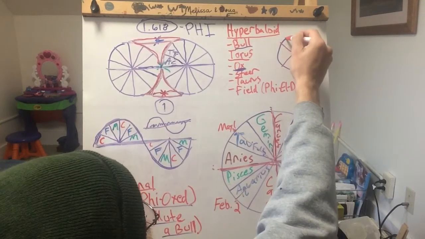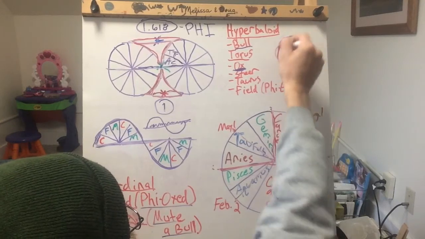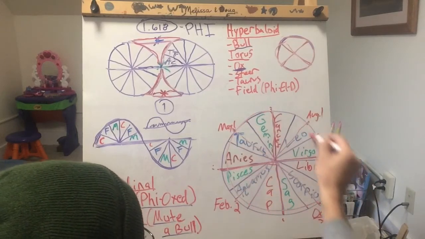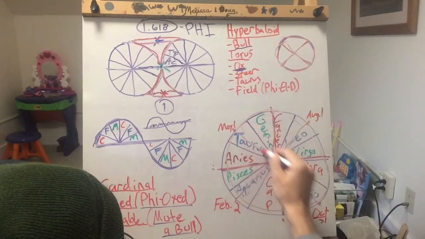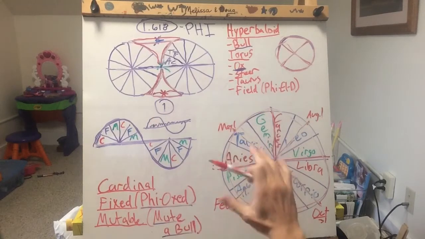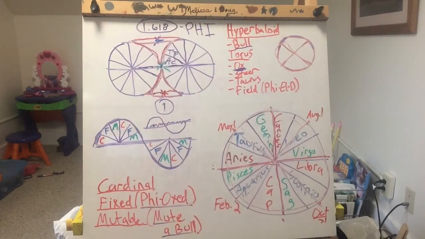This is the ox, the O and the X, with the fixed signs. There is no field until it's Phi-Oxed. Everything's oxed, fielded in a Phi ratio, hence Phi-Oxed.